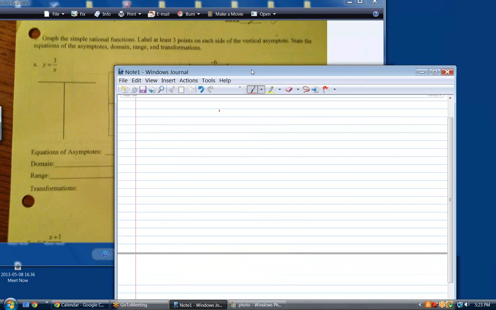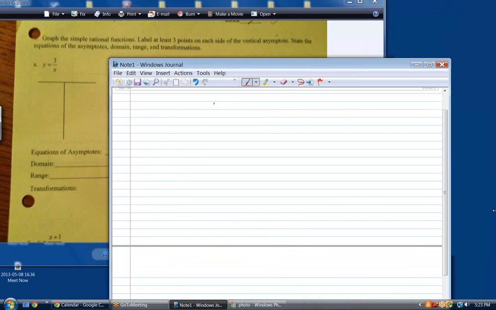When we're graphing hyperbolic functions, let's talk about the parent function, y equals 1 over x. That's the elementary function that we're talking about. First thing you need to decide here is your asymptote. You have a vertical asymptote, or you have a horizontal asymptote. The vertical asymptote is always the number that makes you divide by 0.